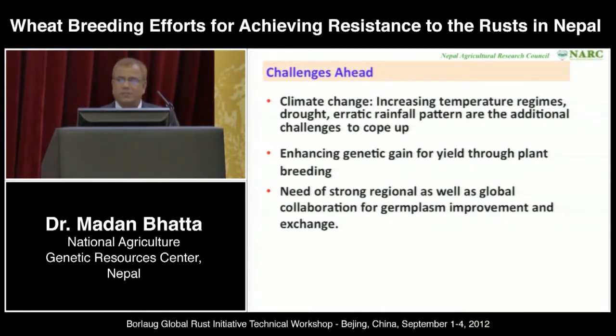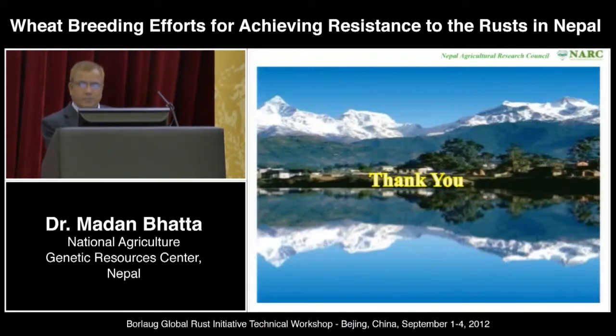We need to enhance genetic yield gain and produce high-yielding varieties suitable under these environments, and there is a need of strong regional as well as global collaboration for germplasm development to fight against deadly wheat diseases. With this, I thank you all.